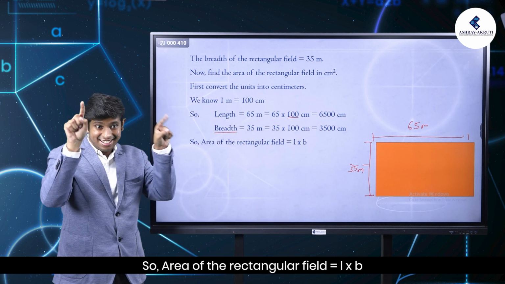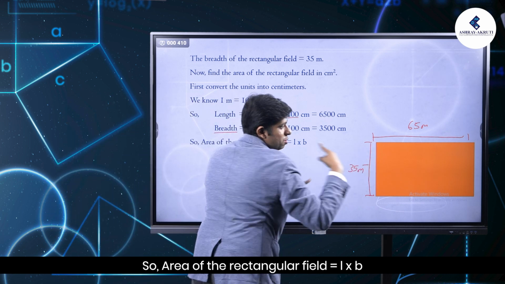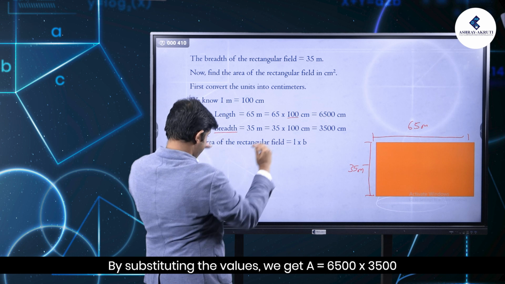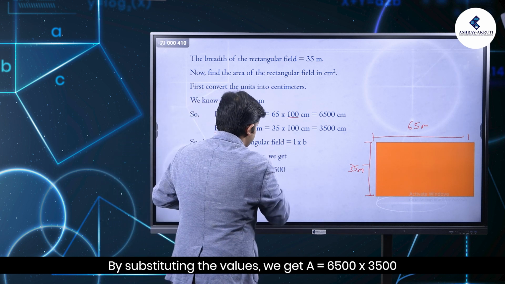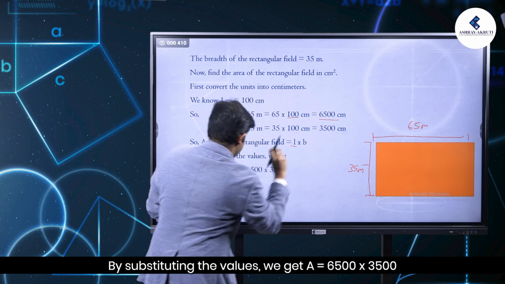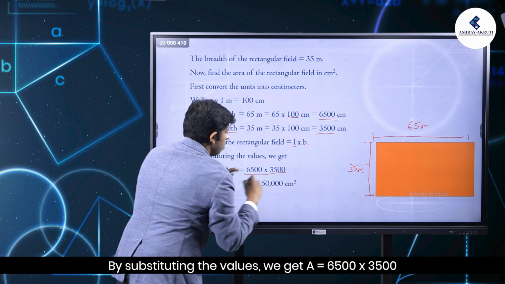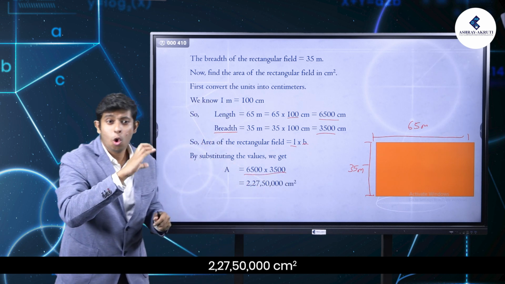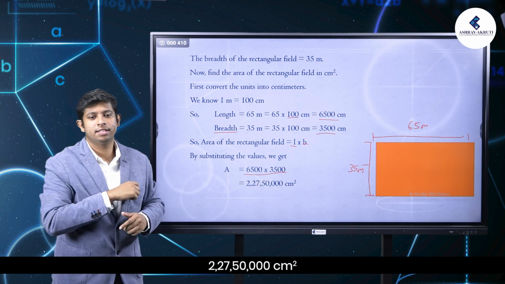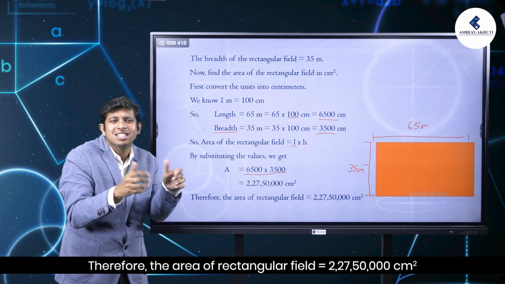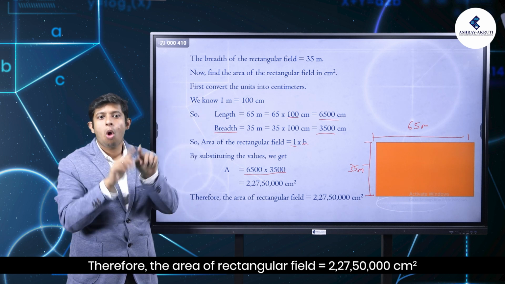So area of the rectangular field is equal to L into B. By substituting the values, we get A equals to 6500 into 3500. Two crore 27 lakhs 50,000 centimeter square. Therefore, the area of rectangular field equals to 2 crore 27 lakhs 50,000 centimeter square.